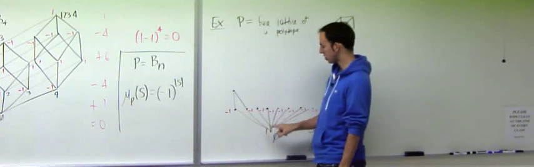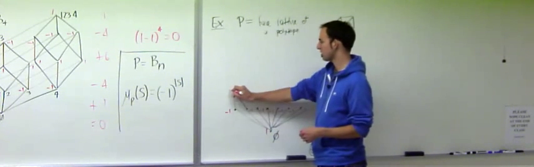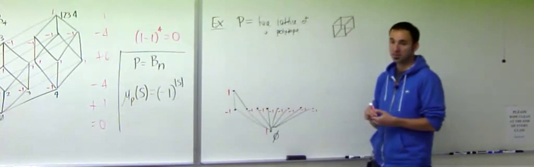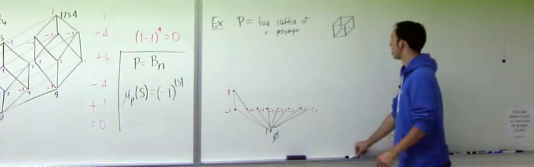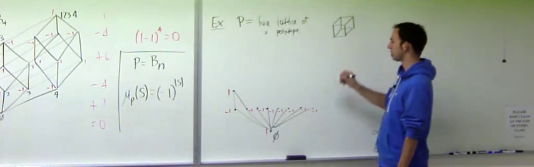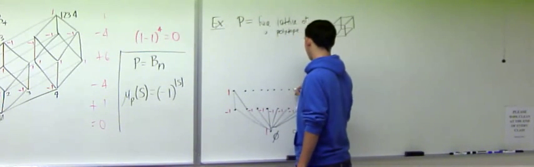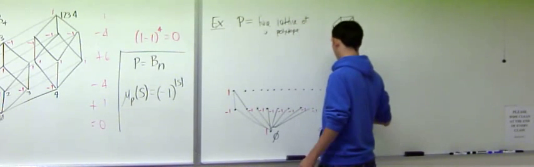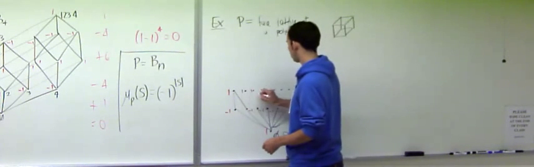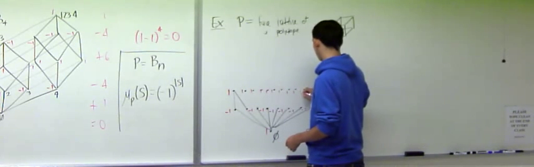So -1, -1, and +1. So this has Mobius number 1, no matter what the edge is. How many edges are there? 12: 1, 2, 3, 4, 5, 6, 7, 8, 9, 10, 11, and 12, and they all have 1s.